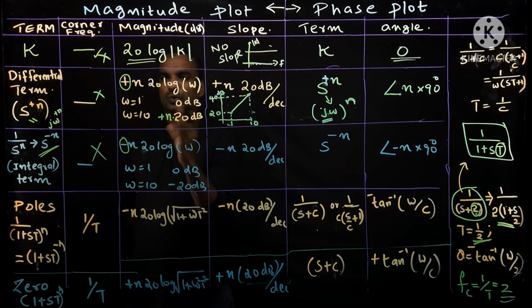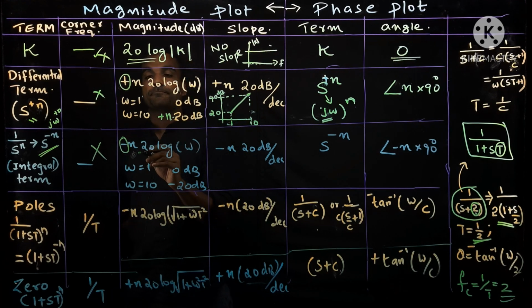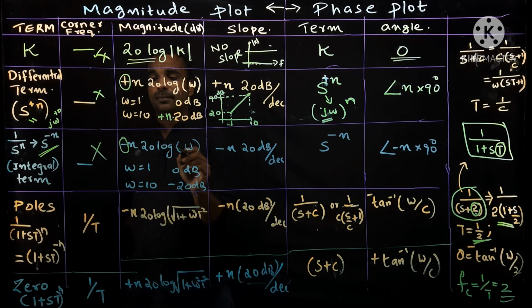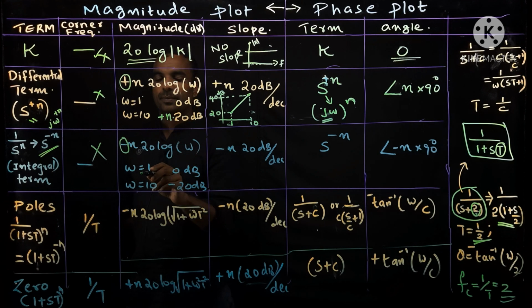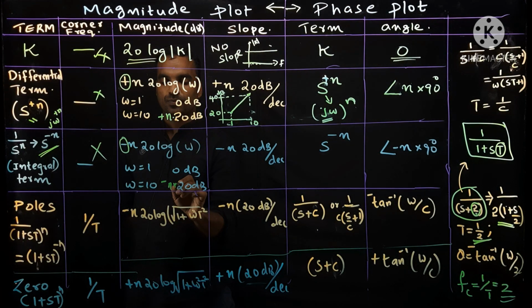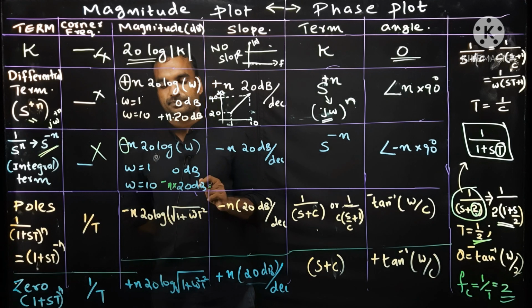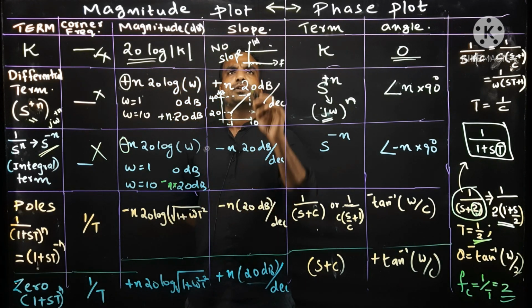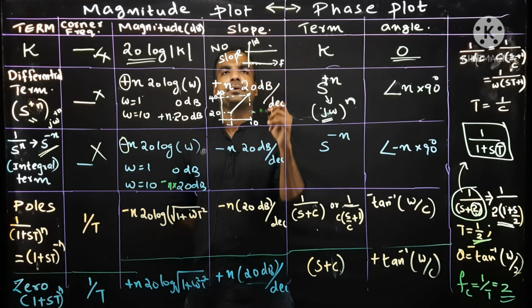Nothing is there like s plus 2, s plus 5. In such terms you will get corner frequency. Its magnitude is 20 log omega, but as it is negative n, you have to take minus n into 20 log omega. If omega is equal to 1, you will get 0 dB. If omega is equal to 10, you will get minus n into 20 dB, like that. Now what is the slope?